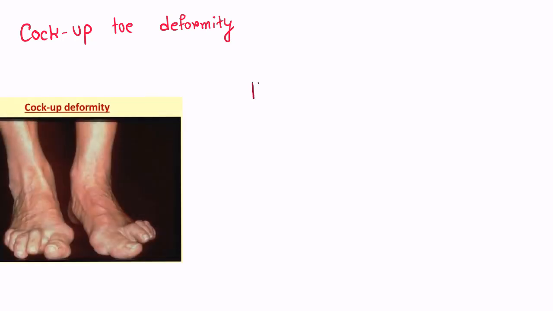Another manifestation of the lower limb is cock-up toe deformity, which is characterized by hallux valgus and hyperflexed digits.